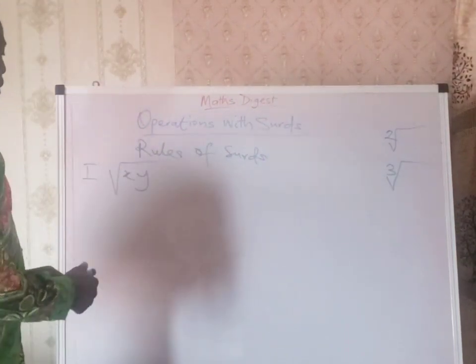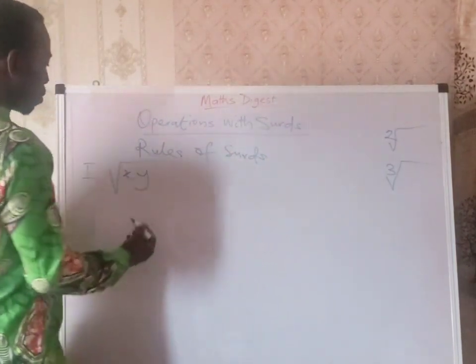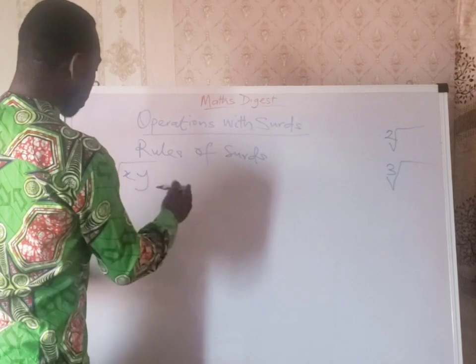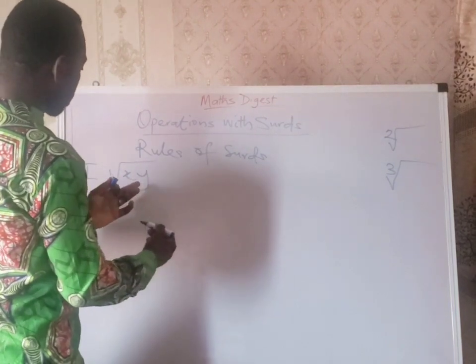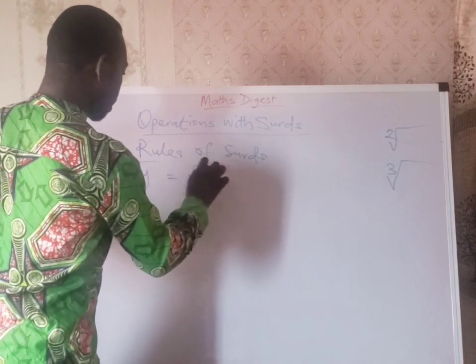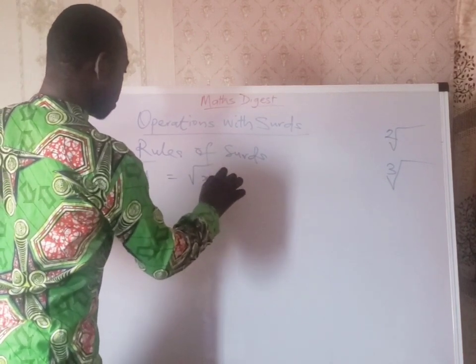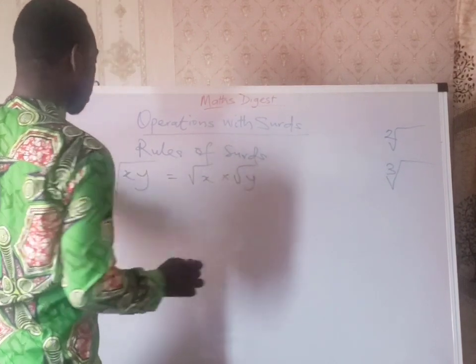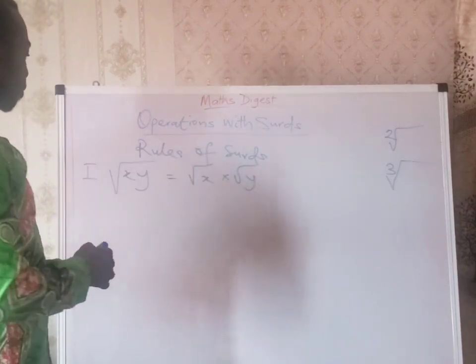If you have an expression like this, we call it the product rule because this is multiplying this, you can simply represent it like this: root of x times y equals root x times root y.